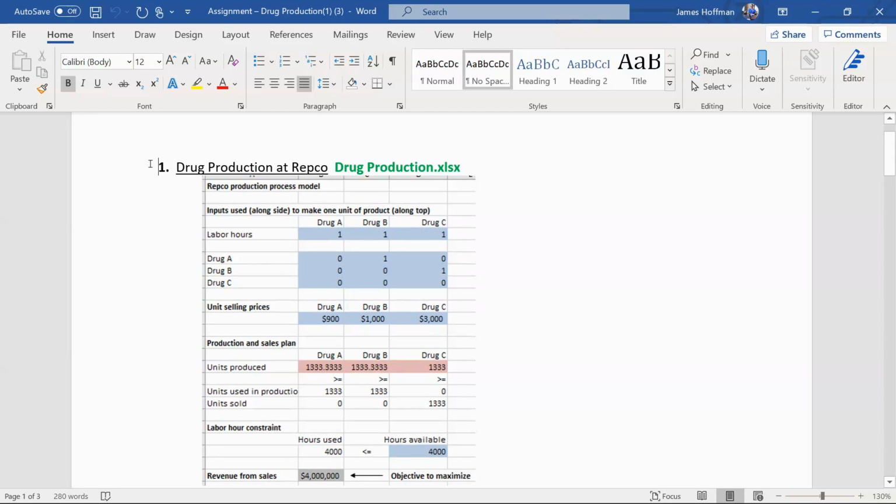So you see a screen cap of something similar to what we did with the drug production one, example 4.5 from Tuesday. Remember we had three different types of drugs, and the drugs sell for different prices, and different amounts of the cheaper drug go into making the more expensive drug, which you can sell at the market price. In all these you'll see that I've changed the labor hours, the drugs that go into the other drugs, and also the selling prices.